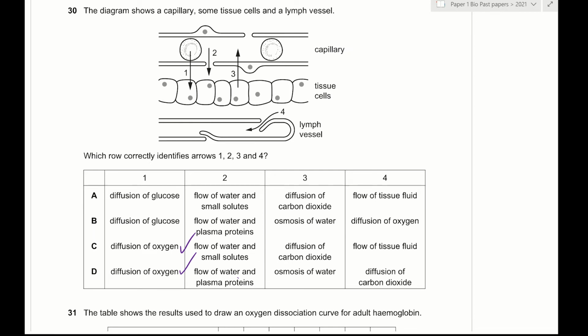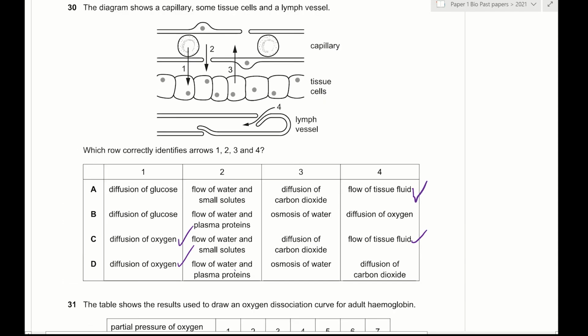Now, let's skip 2 and 3 at the moment, and go to 4, which is going to be the second easiest. For 4, we know that there's a lymph vessel. What goes into the lymph vessel is definitely going to be tissue fluid. So here we know that 1 is going to be incorrect. Same with 2, that's also going to be incorrect.